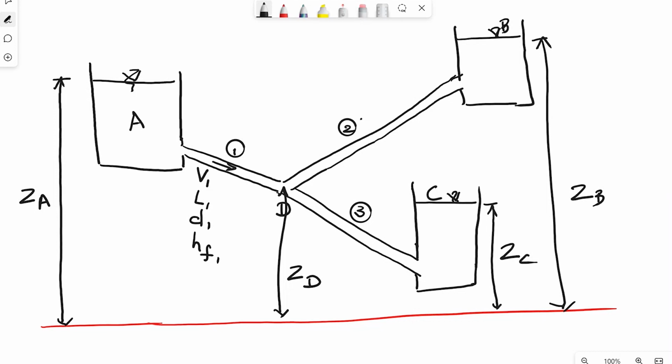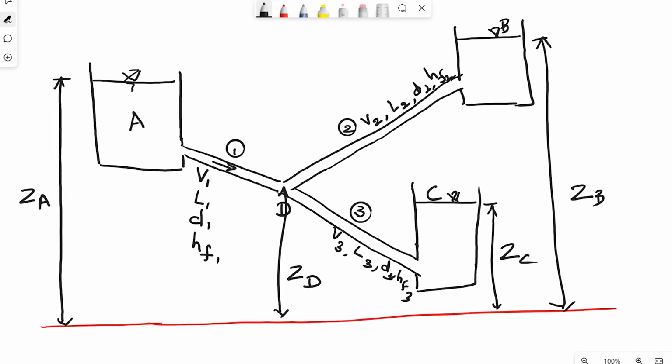Similarly, here V2, L2 is the length, D2 is the diameter, HF2 is the head loss. Head loss is equal to FLV squared by 2GD. Here this is V3, L3, D3, and this is equal to HF3.